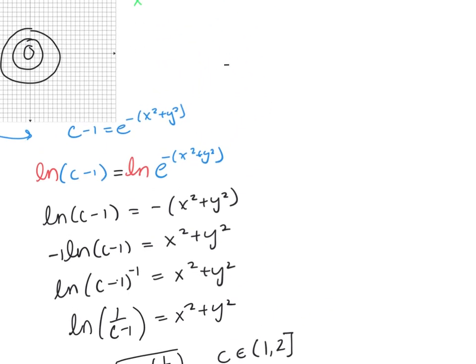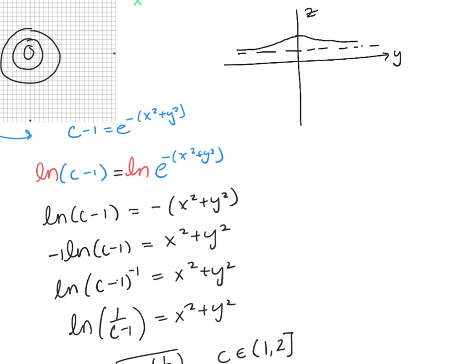Well, again, here's my z and here's my y. It's going to look something like this. At z equal to 1, but not inclusive, you can have concentric lumps, circle-like things, all the way up to 2. I'm just not drawing this very well.